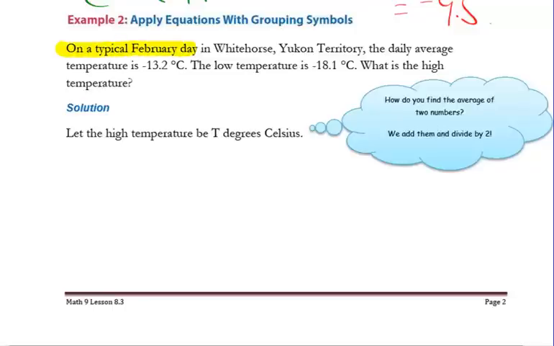On a typical February day in Whitehorse, which is in the Yukon, the average daily temperature is negative 13.2 degrees Celsius. The low temperature is negative 18.1, and so the question here is, what is the high temperature?